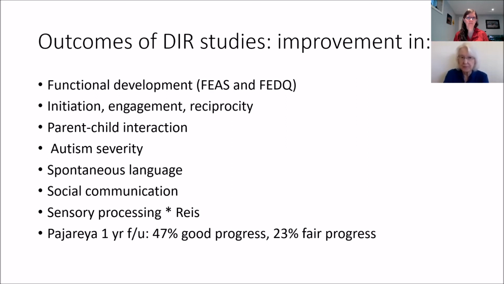It's similar. And the improvements are seen exactly in the targets that these studies had focused on: initiation, engagement, reciprocity, parent-child interaction, autism severity, and some of spontaneous language. The language I'll talk a little bit more about.